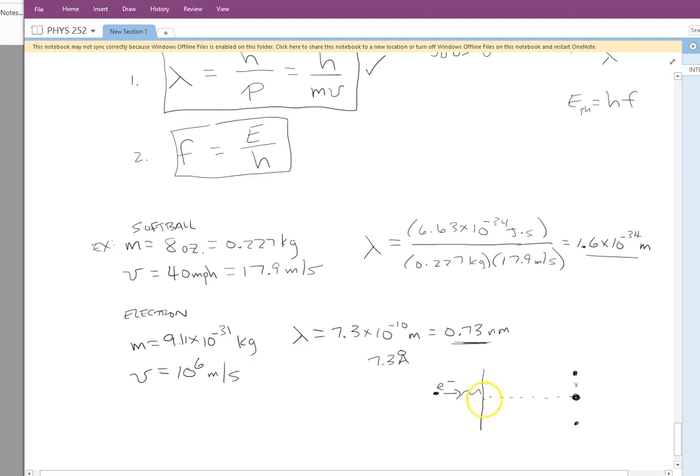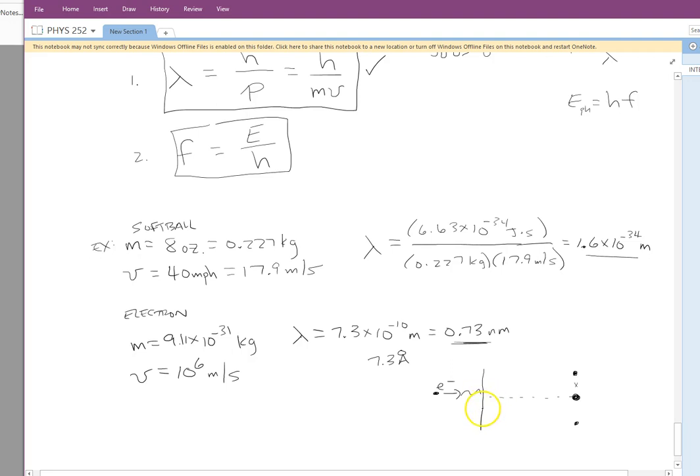When it interacts with these atoms in this metal, it's acting as a wave that is diffracting. But when the electrons are hitting this observation screen, they are particles, because you can see the pattern getting built up as each electron hits a different place. So this is direct evidence of wave-particle duality of matter.